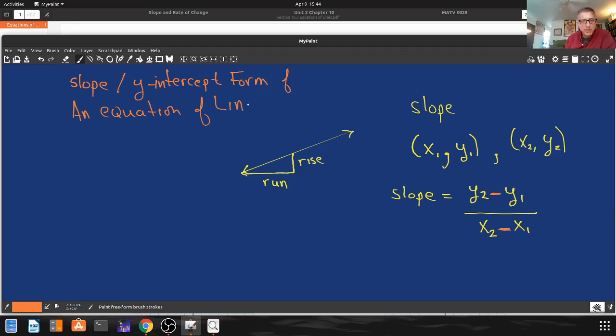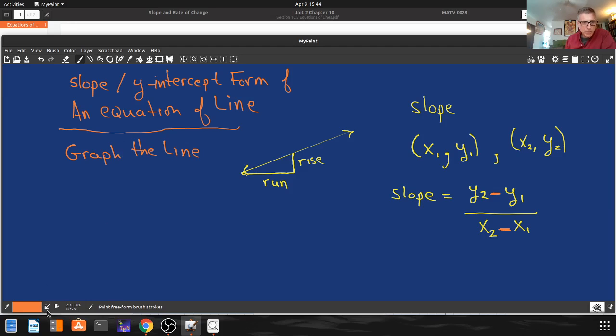So that's one of the things we're going to do. And once we're given an equation in that form, our goal is to be able to graph the line.